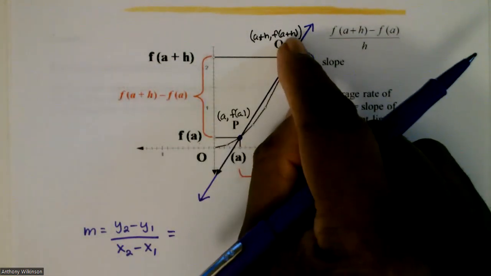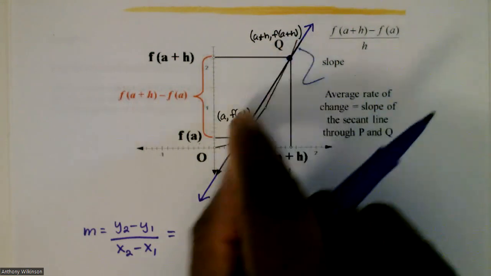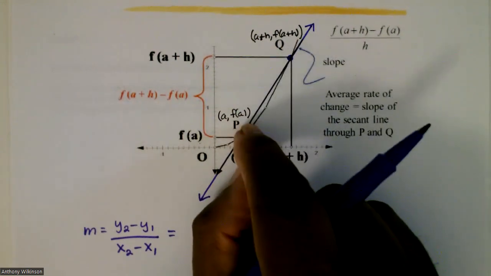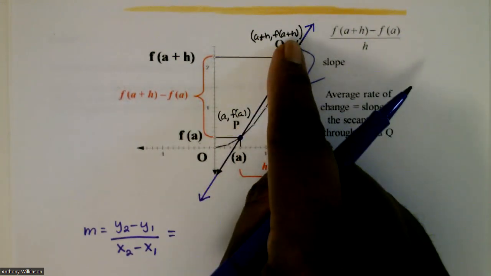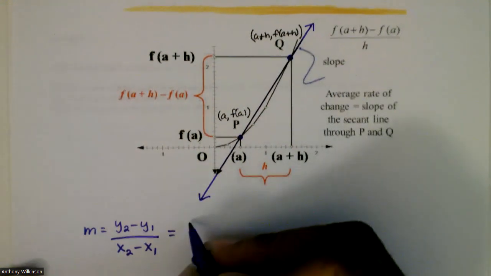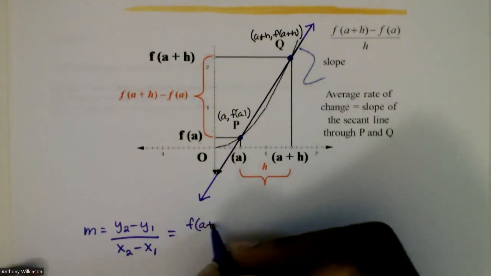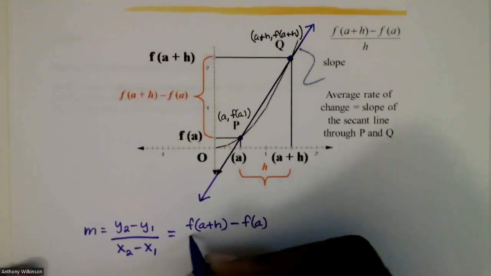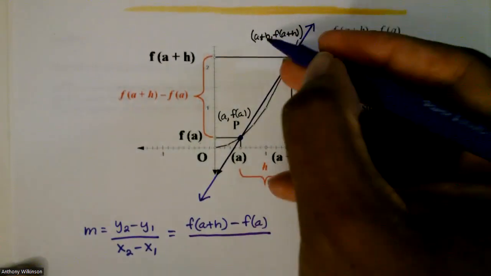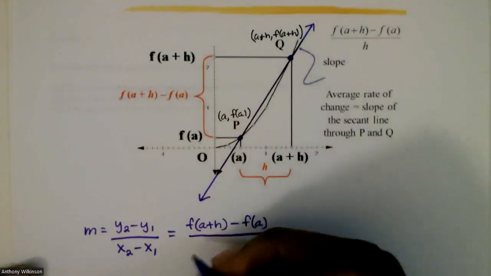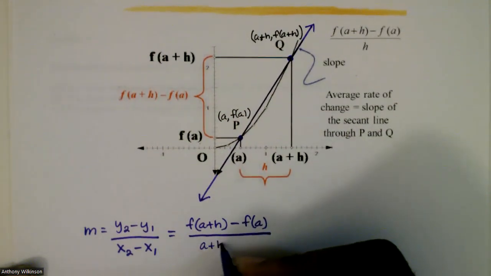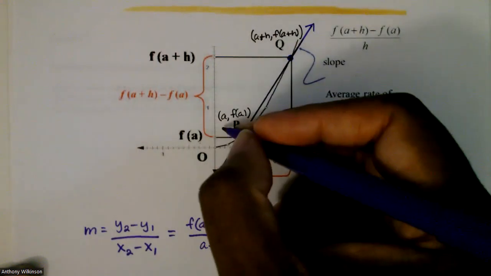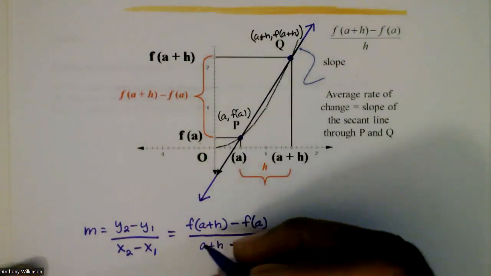Here I'm going to let f of a plus h be y2 and f of a be y1. So this will be f of a plus h minus y1, which is f of a, divided by x2. This is x2, a plus h, minus x1. That's going to be a.